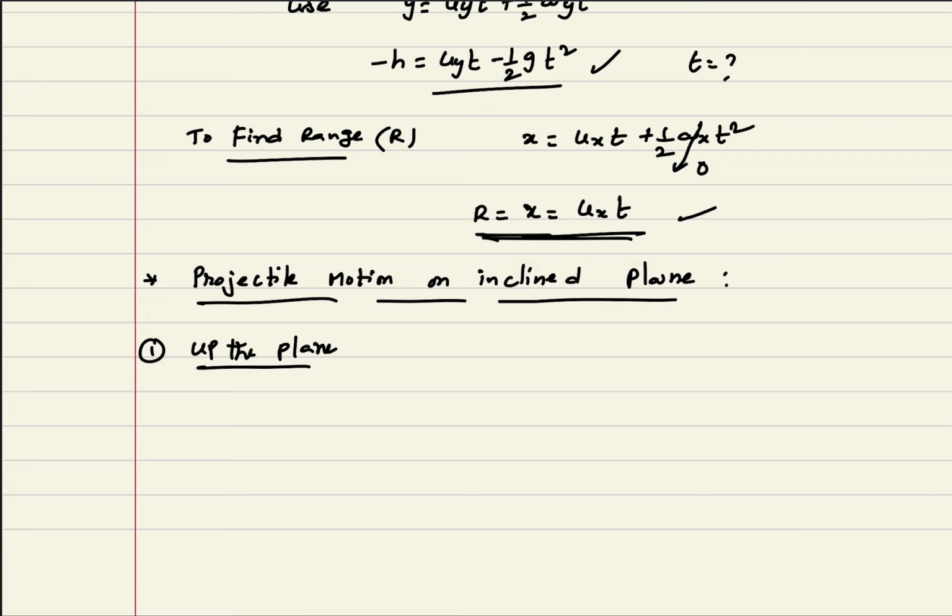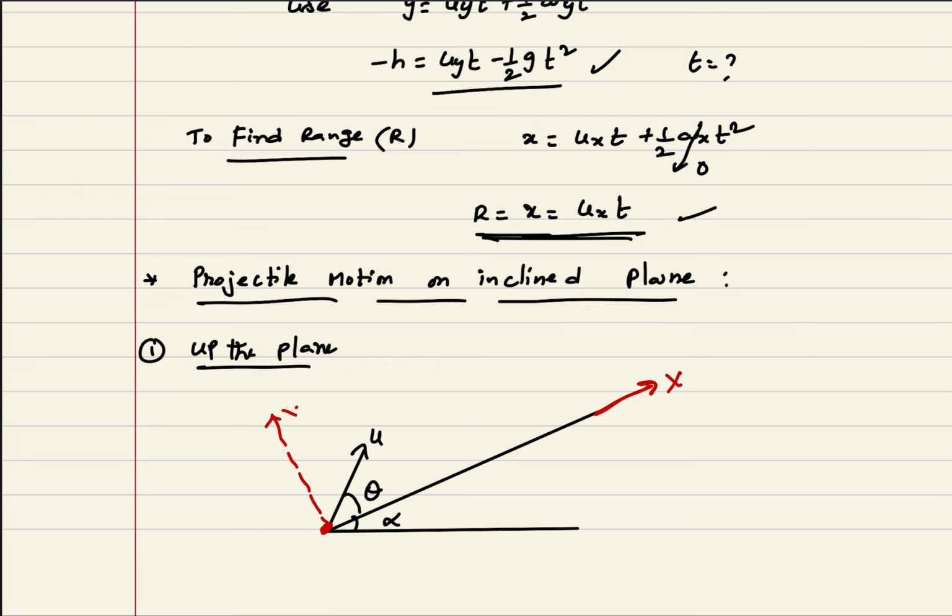I am taking a projectile that is projected up the plane like this, with the plane making angle alpha. U is projected with an angle theta. Now you can observe which is my x-axis and y-axis. Parallel to the plane is the x-axis, perpendicular to the plane is my y-axis. Let us consider this is the point A. Now this particle will take this kind of path and reach the plane like this.